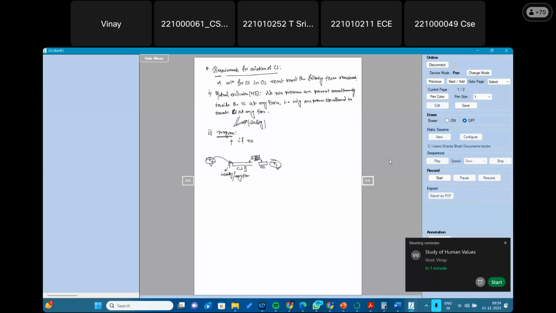Okay, the only condition is that if the processes are not executing their critical sections, then any process that wants to execute its critical section should be allowed.